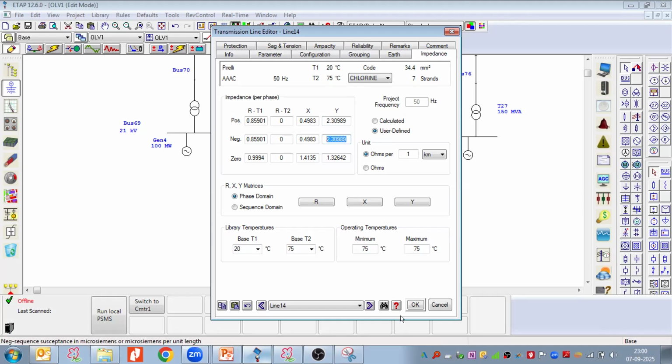And we have our own database for conductors, like Zebra, whatever we normally use. Now every time we have to put it in, can we save or store it?